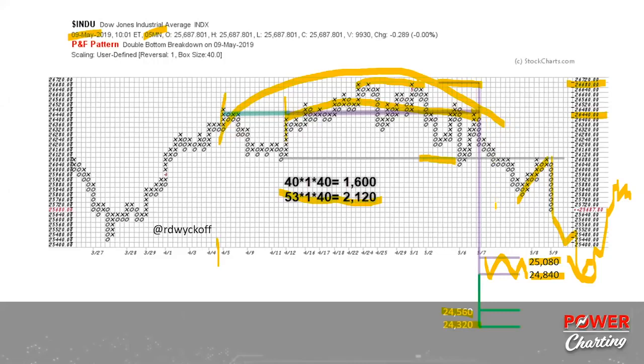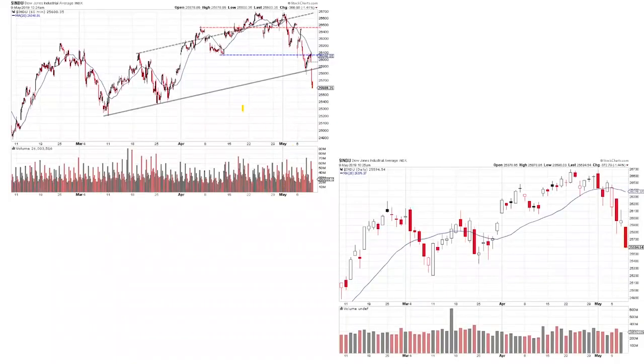But the thing is that we have a much larger count potential.